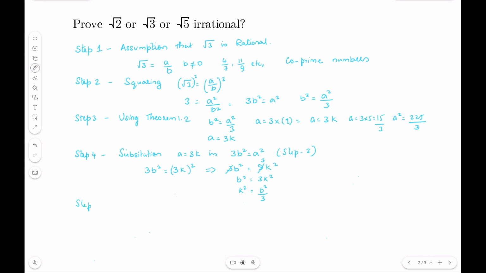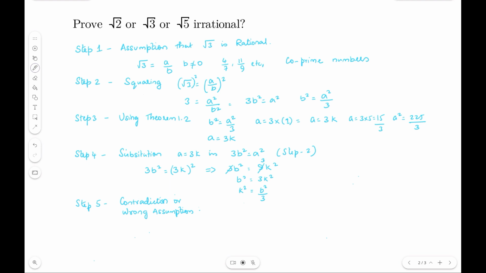Therefore, step 5 is contradiction, or wrong assumption. Because we assumed root 3 is rational, we wrote root 3 in the form a by b, where they don't have any other common factors apart from 1.